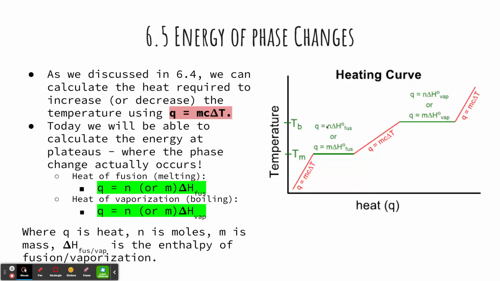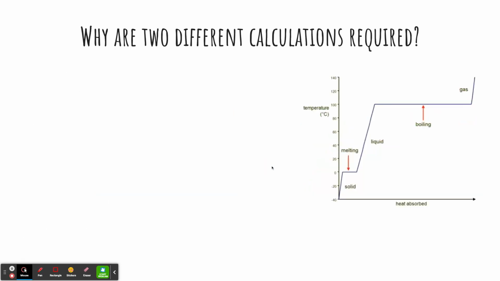Now, again, guys, you're going to pick the equation you're going to use. So if they're giving you moles, I'd use the top one. If they give you mass, use the bottom one. Very simple.